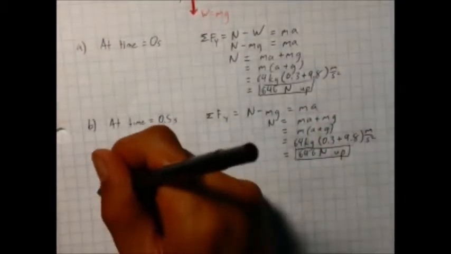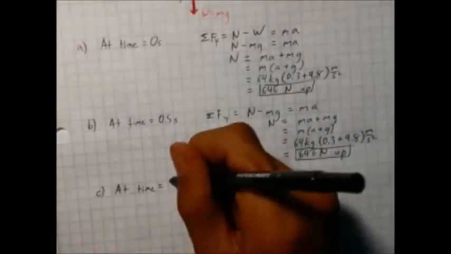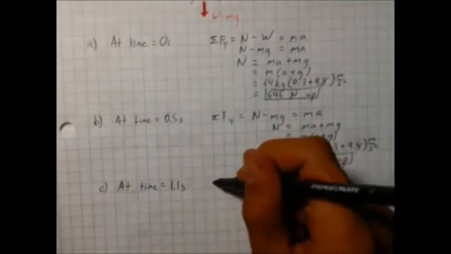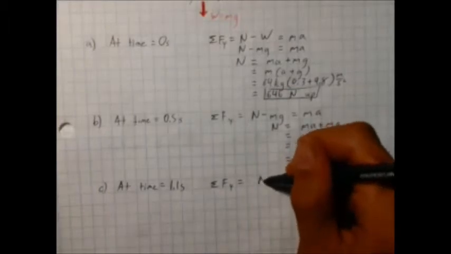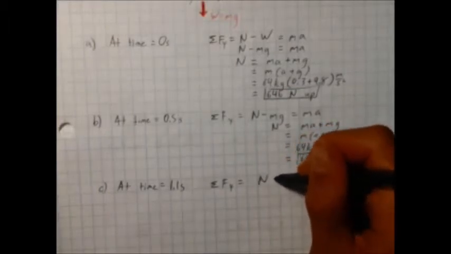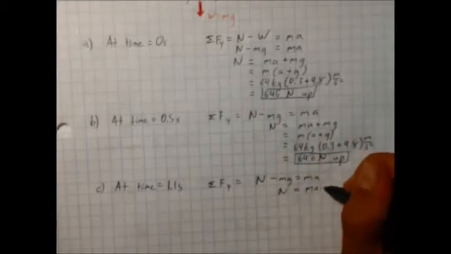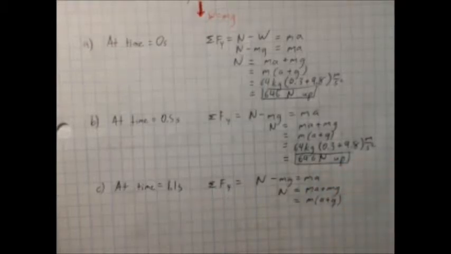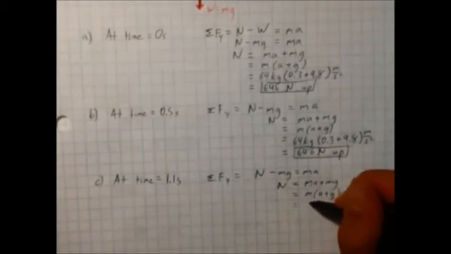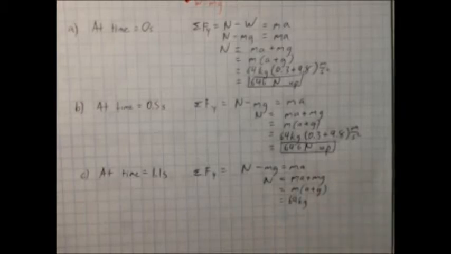Now, moving on to part C, this time it asks for when time is equal to 1.1 seconds. Same formula. Move mg to the other side. Alright, so now we're going to start substituting in numbers again. We're going to put in 64 kilograms for the mass.